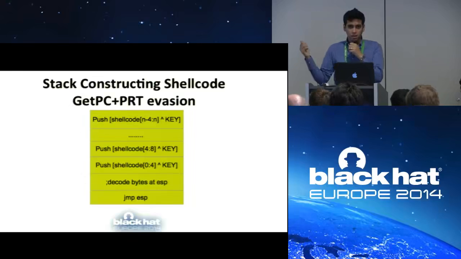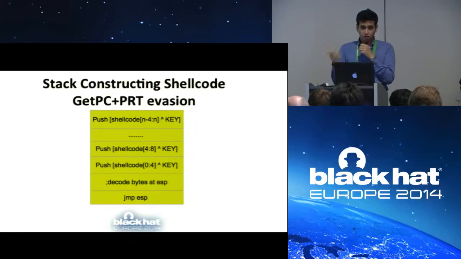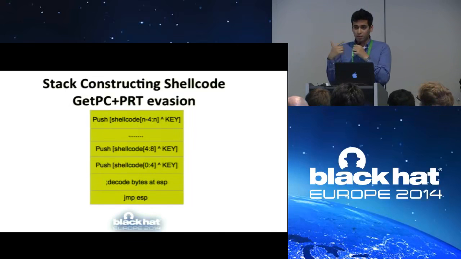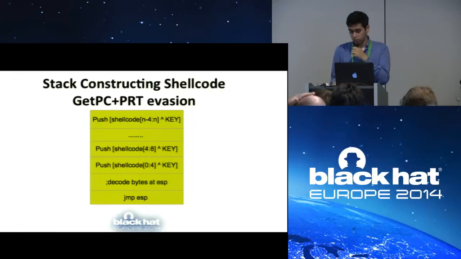As a result, you don't do a direct getPC code, and you don't flag the payload read threshold because you don't read it multiple times.